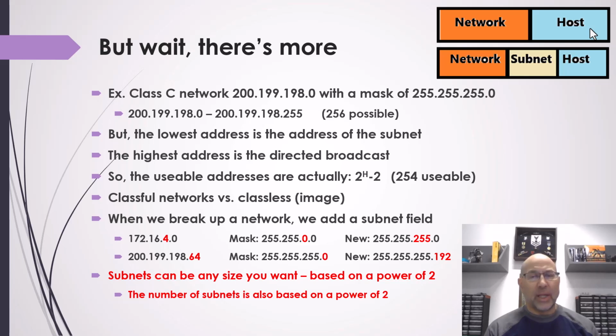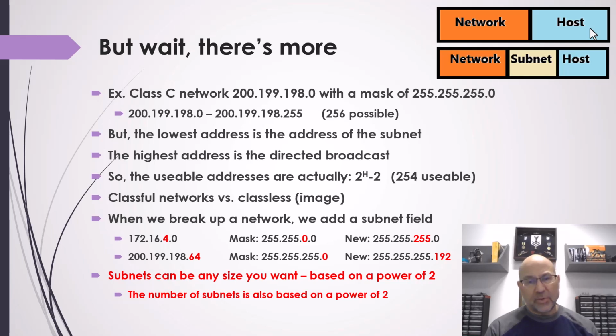But what we want to realize is that we're manipulating the ones and zeros in the mask and therefore creating a subnet field. This address space right now has 256 possible addresses. But the lowest address, .0, is the address of the subnet or the network.